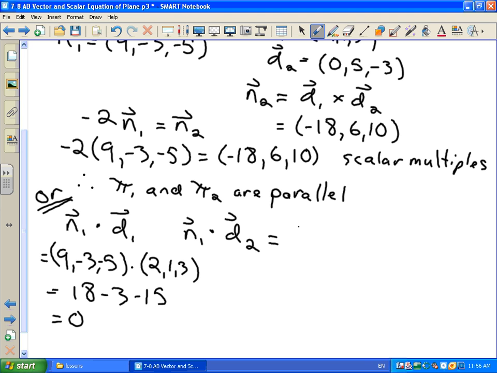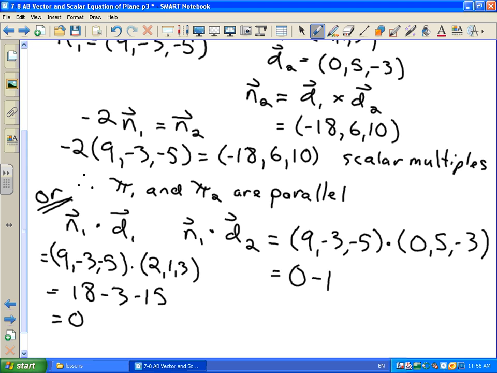Same thing over here: 9, negative 3, negative 5, dotted with 0, 5, negative 3. We get 0 minus 15 plus 15 equals 0. So this would show, again, the normal from 1 is perpendicular to both of those direction vectors, so the planes are parallel.